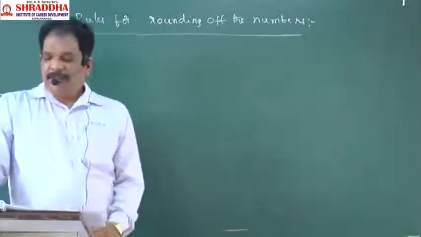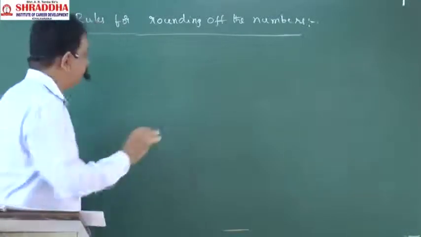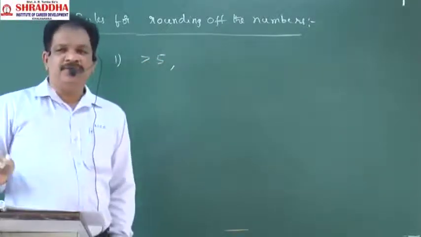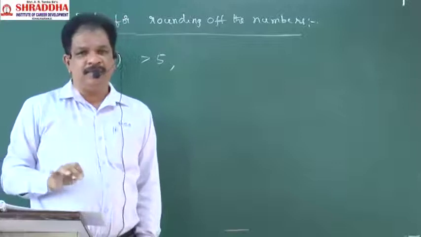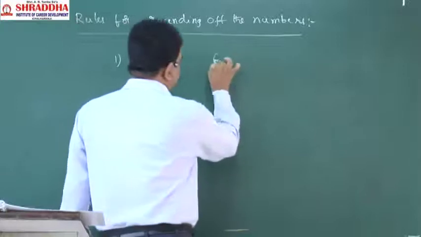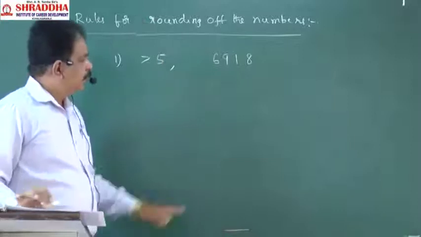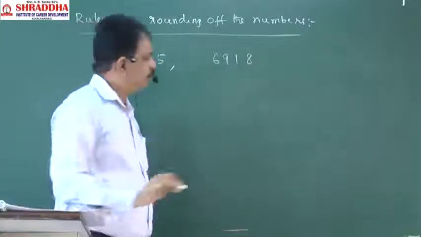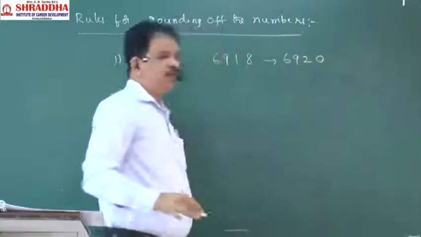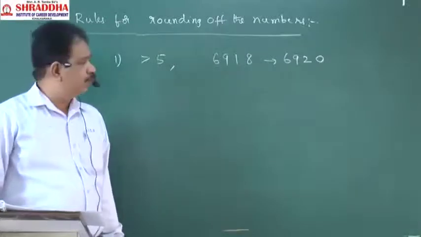If the discarding digit is greater than 5, the preceding digit should be increased by 1. Clear? So if it is 6918, then you discard this 8, so this value will be 6920. Clear? In that way you have to do.